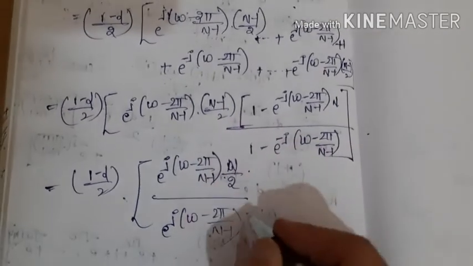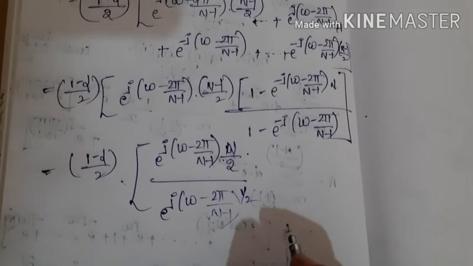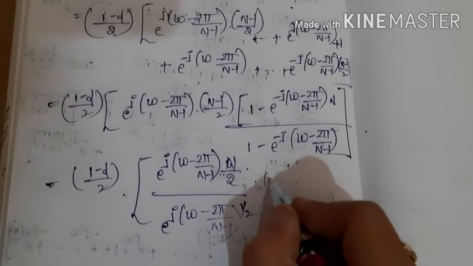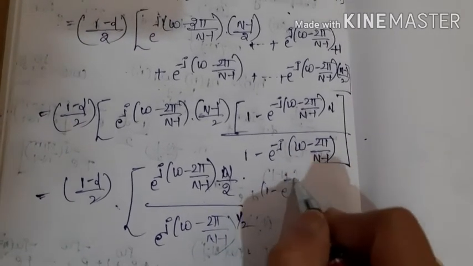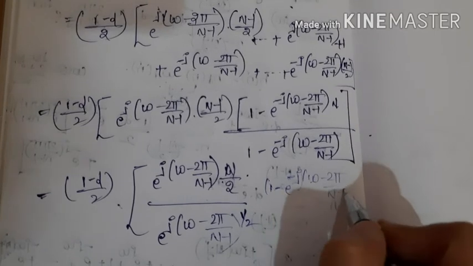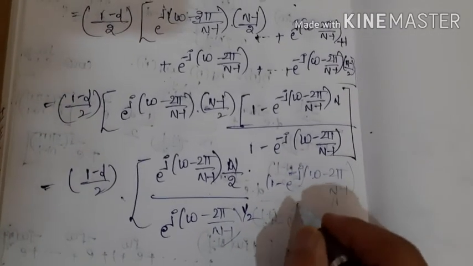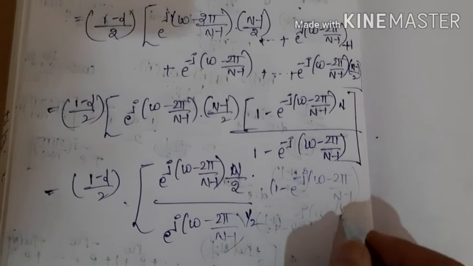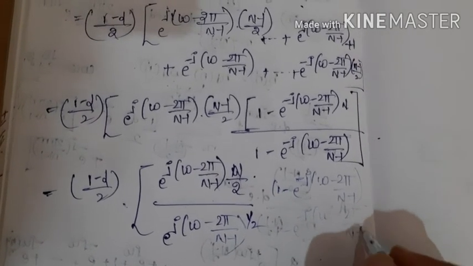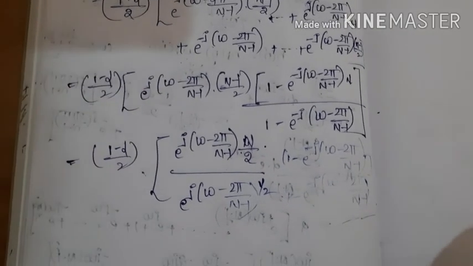Minus 1 by 2 can be written as here 1 by 2 into the function 1 minus e power minus j omega minus 2 pi by n minus 1 by 1 minus e power minus j omega minus 2 pi by n minus 1.